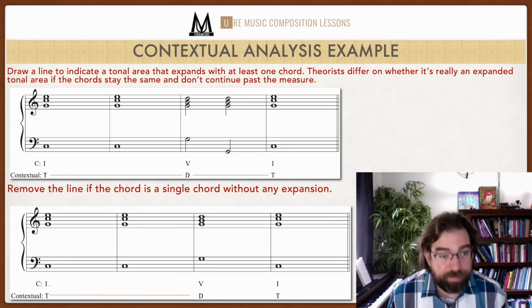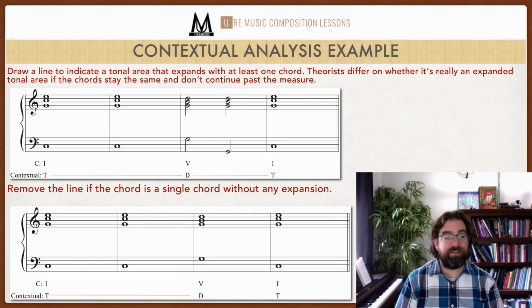So here's an example of a contextual analysis. You'll notice that I've written the key underneath the clef. That uppercase C indicates we are in C major. If you look at the chord, I used a Roman numeral 1 to indicate a C major chord, because we just have the notes C, E, and G. The second measure stays the same, so I didn't label the 1 chord again because it's superfluous.